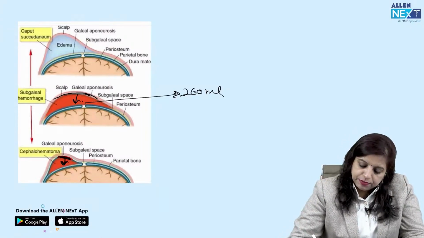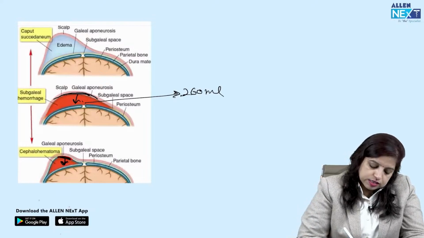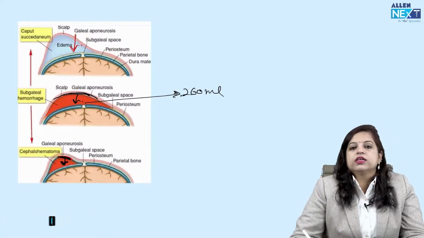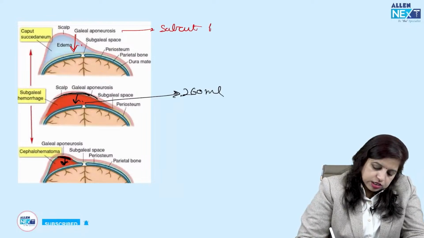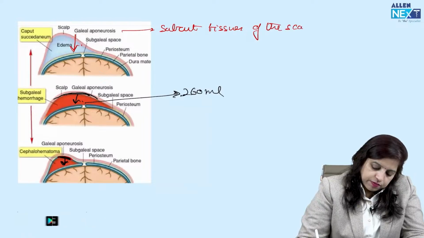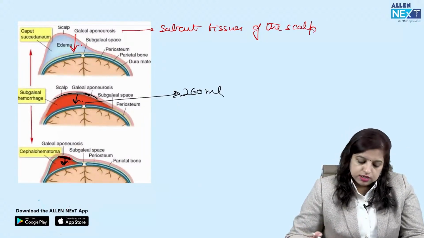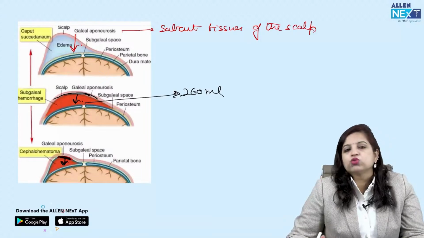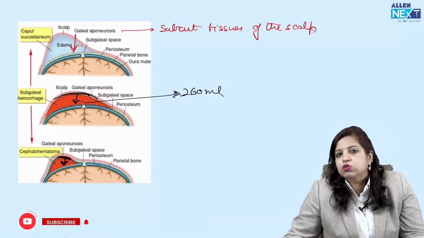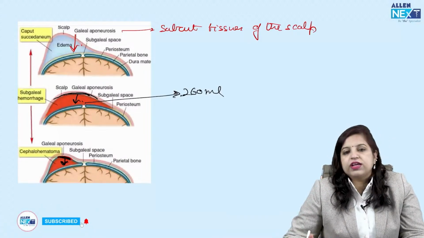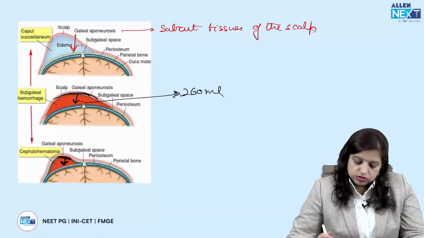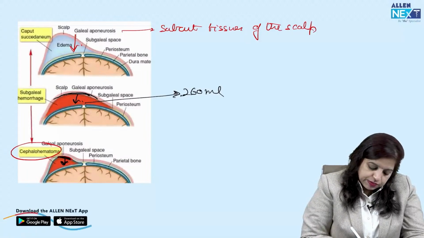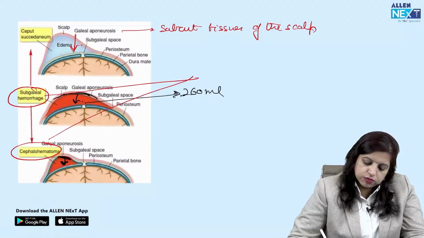Now what is caput? Caput is the swelling in the subcutaneous tissues of the scalp, right? That is what is caput succedaneum, and this usually dissolves in 2 to 3 days of life, while cephalhematoma will take some time. Another difference is that soon after birth, cephalhematoma and subgaleal hemorrhage would not be visible.